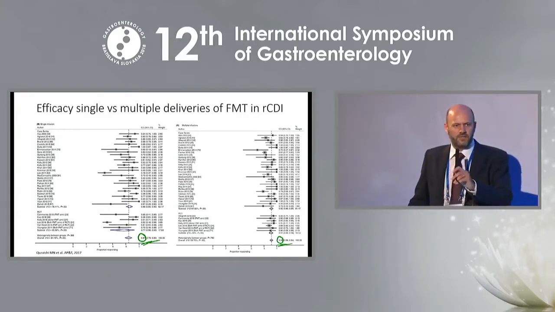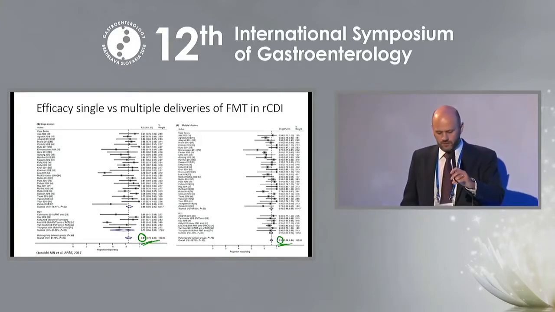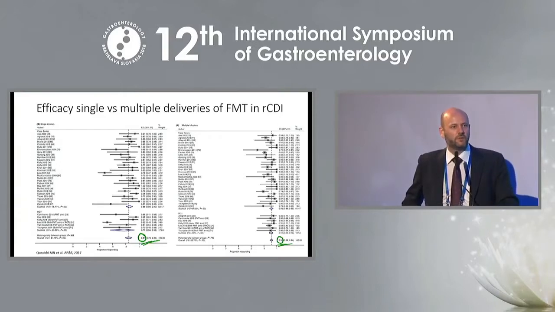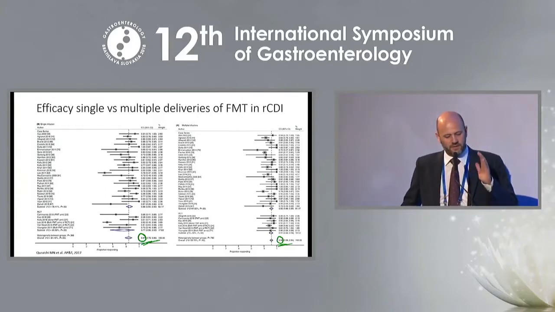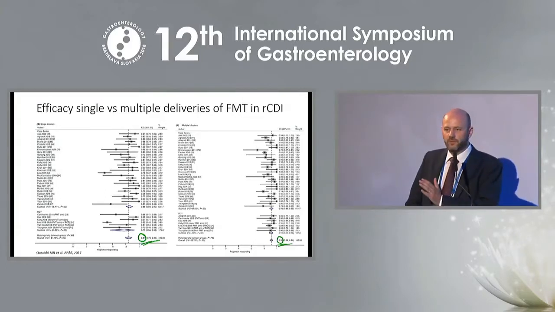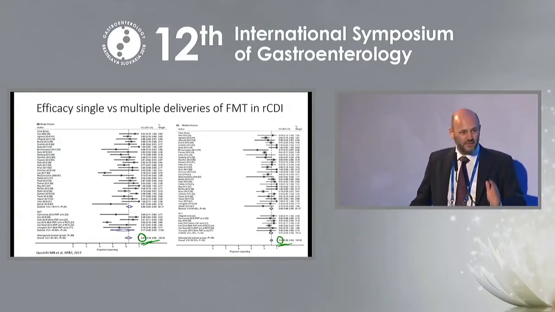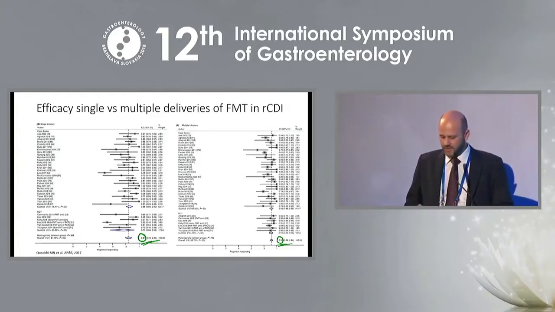So these are a couple of slides showing the difference between various protocols of FMT in RCDI. Comparing the efficacy of single versus multiple deliveries, there was principally about an 8 to 10% increase of effectiveness when applied more times.